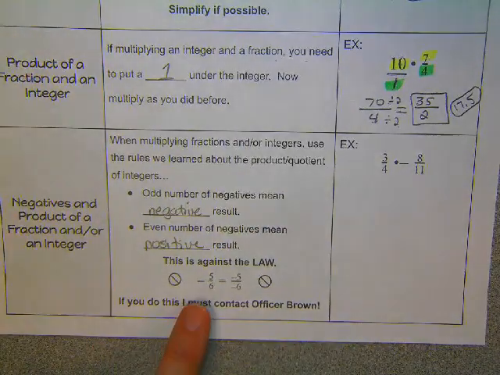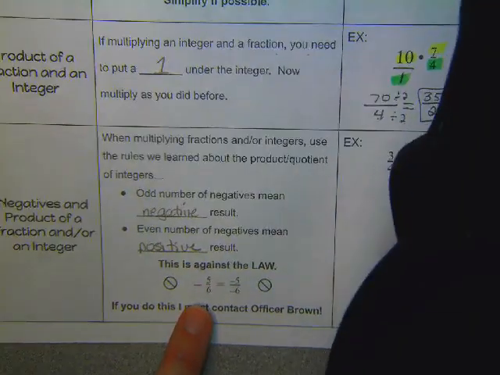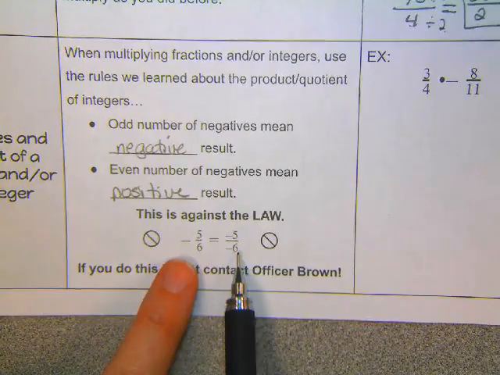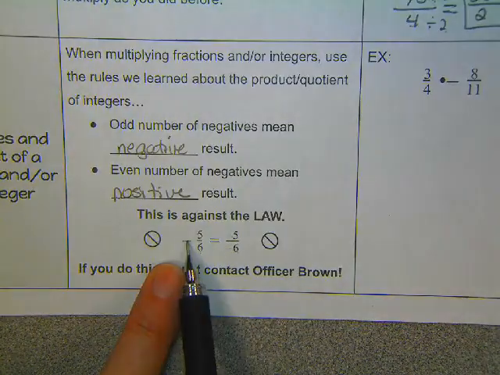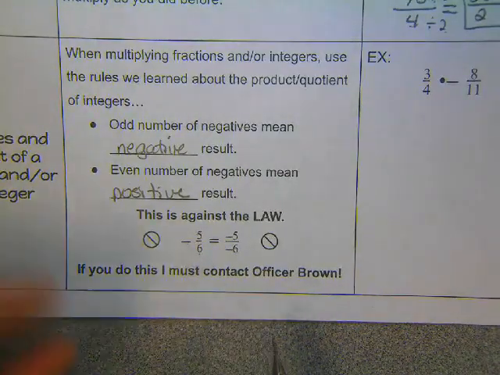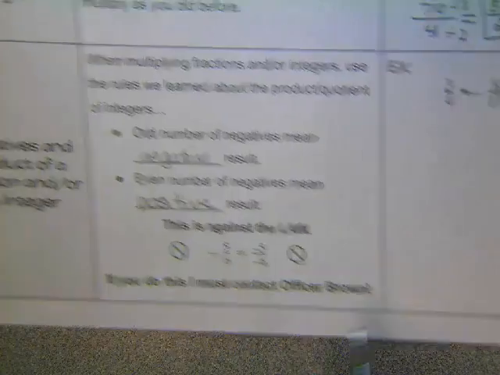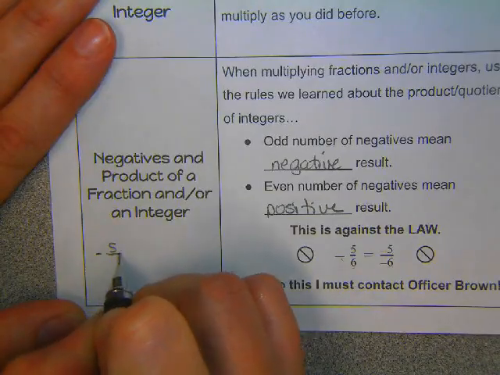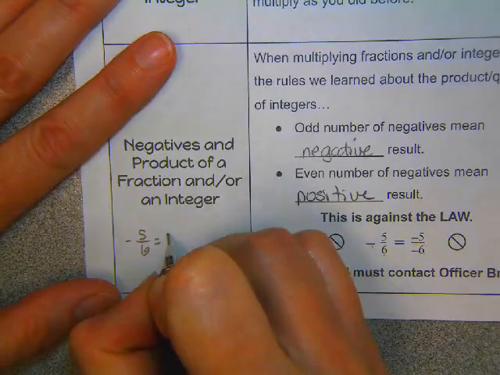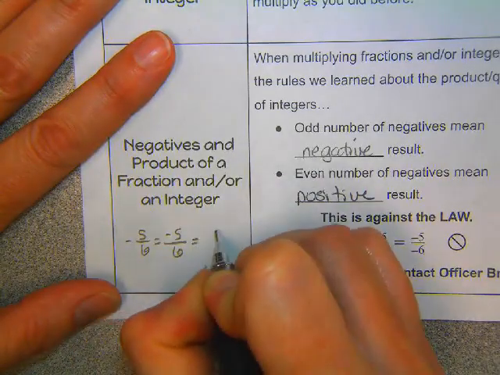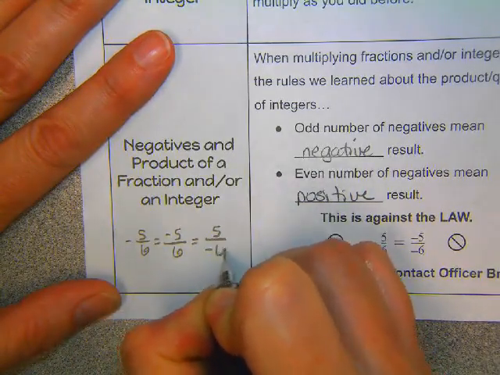And when you see this, that's really important right there. This is against the law. That doesn't distribute. If you were in class, what I would have shown you is that -5 over 6 is the same as -5 over +6, or the same as 5 over -6.